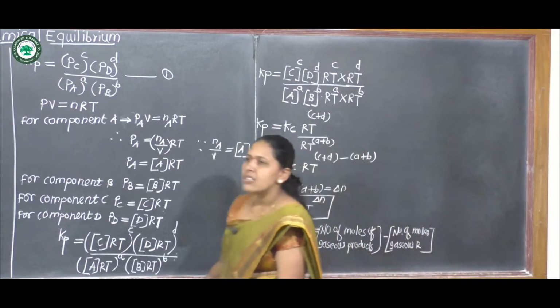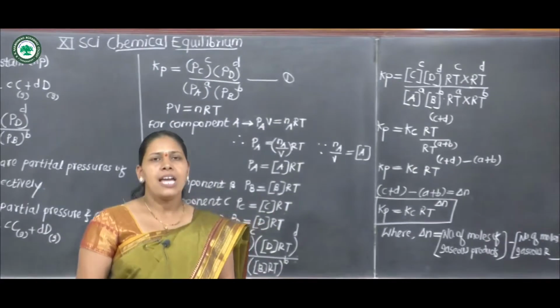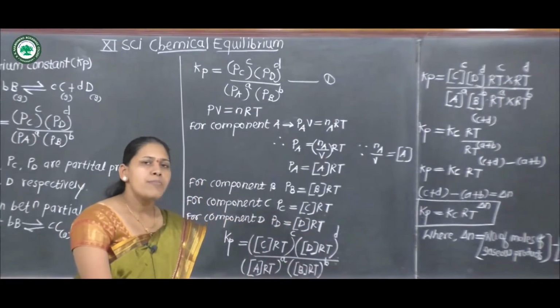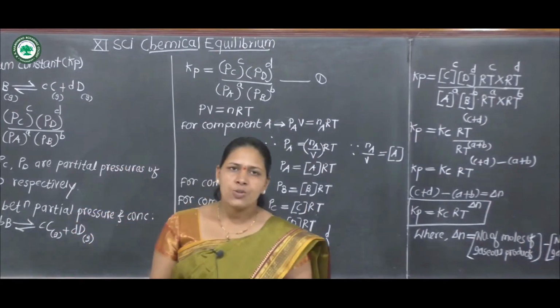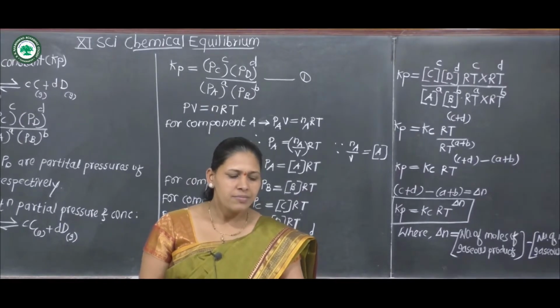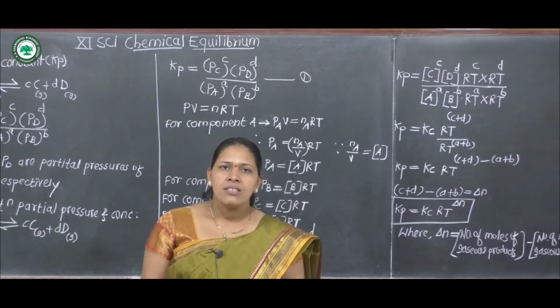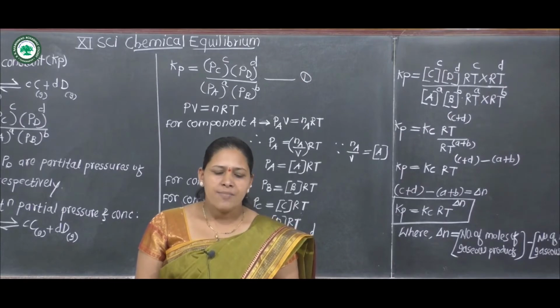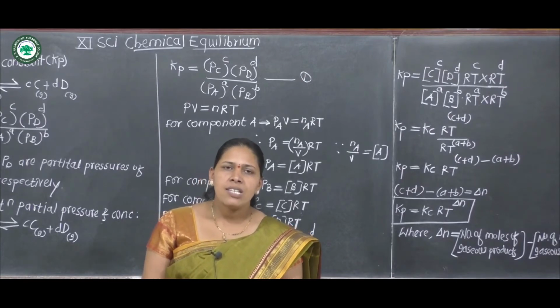This is the relationship between Kc and Kp, that is Kp is equal to Kc into RT raised to delta n. Next point we will discuss in next lecture.